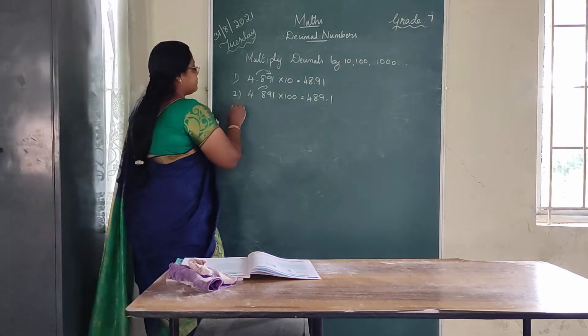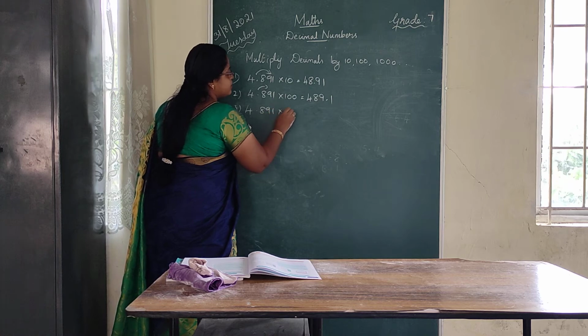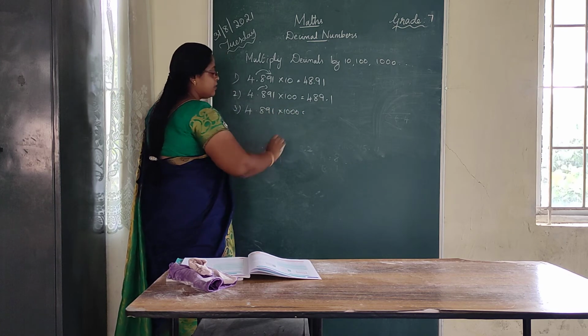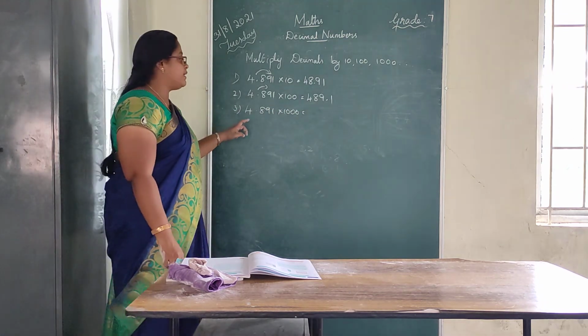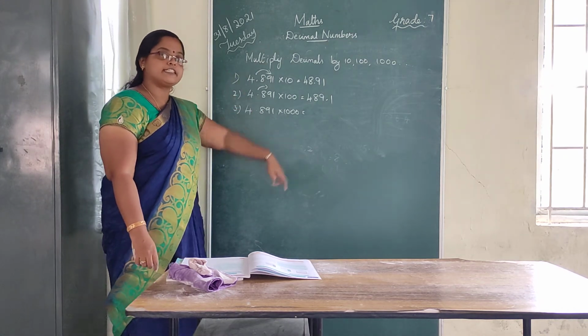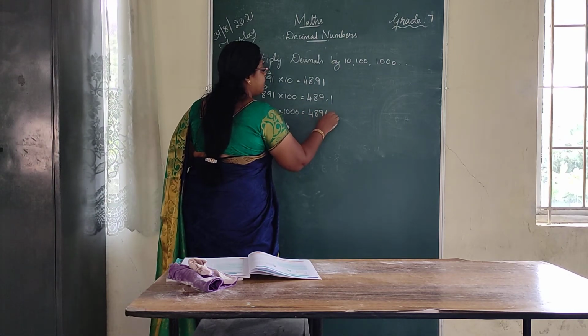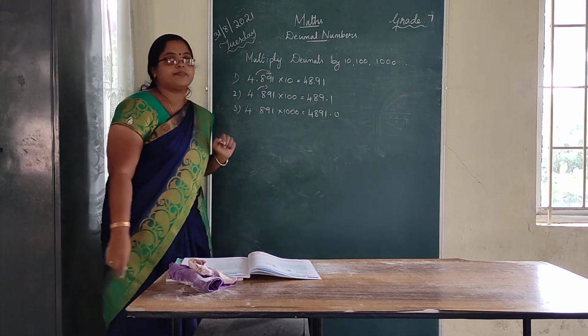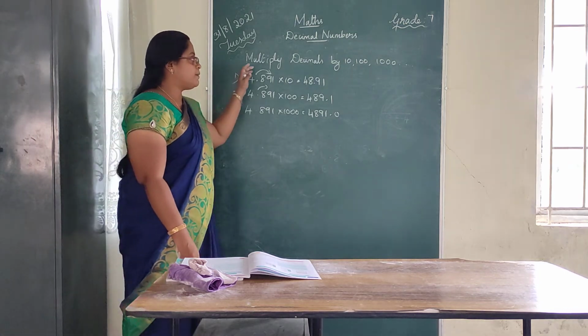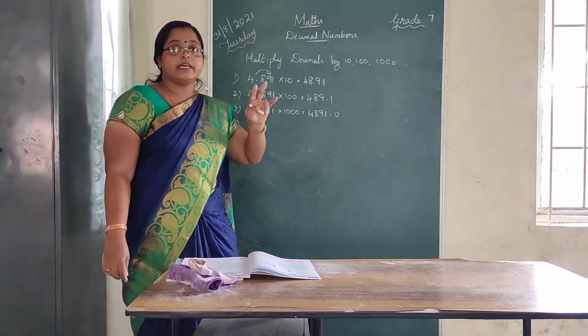Okay, the next step, 4.891 into 1000. How many steps will it move forward? I have 3 digit 0s, so it will move 3 steps forward. So that's 4891.0. That's it. Understand? This is multiplication of a decimal number by 10, 100, 1000, etc.